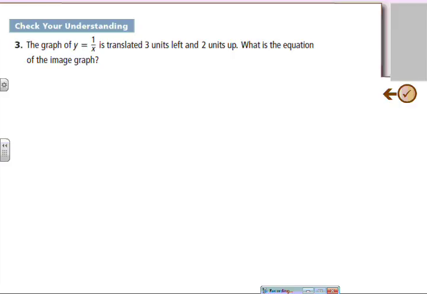Oh, 3 units left. Decide for yourself, is that horizontal or vertical? Left is horizontal. 2 units up. Up is vertical. Horizontal deals with the x, vertical deals with the y. So let's start with the horizontal.